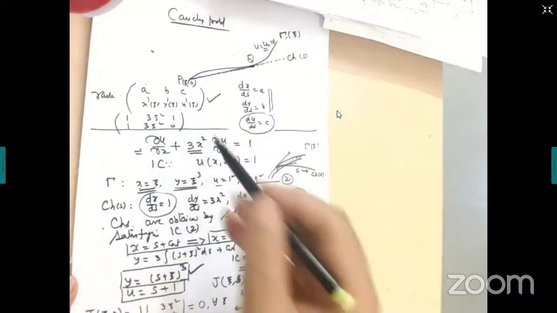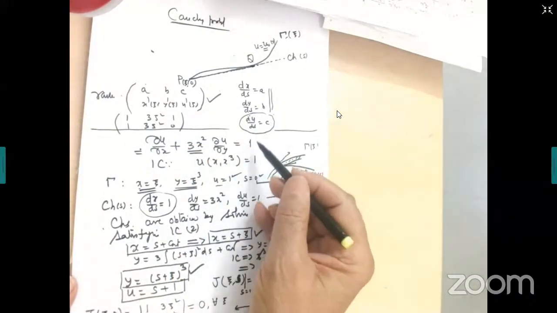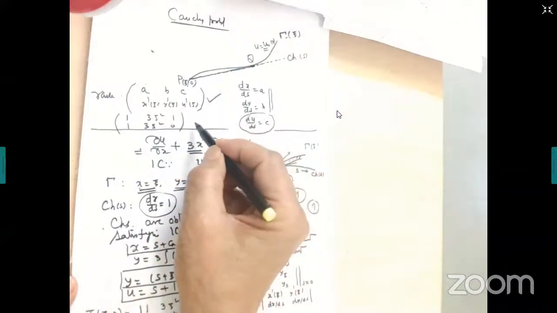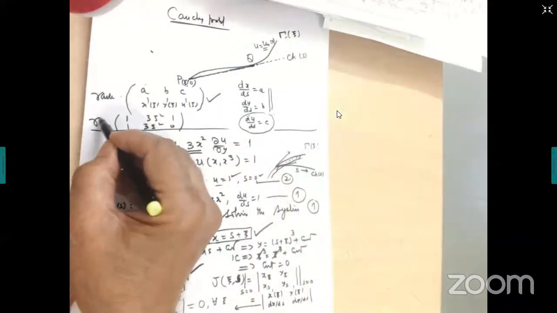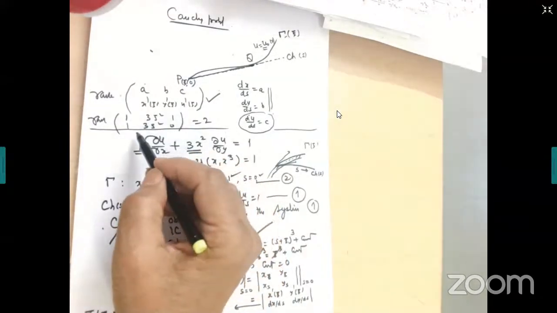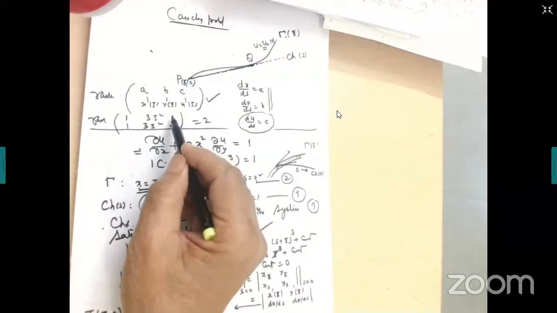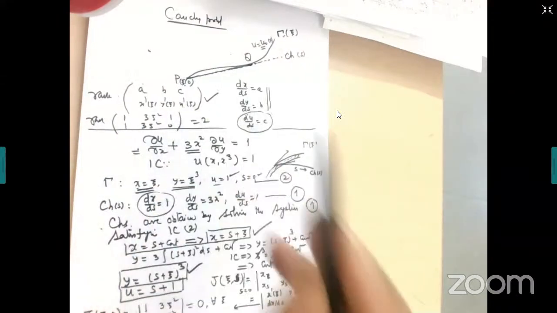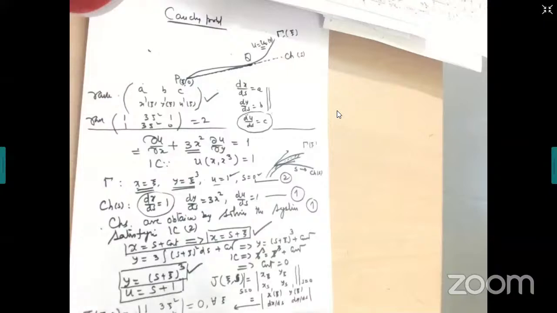Just by looking at these, I can write that it is of rank 2. Rank 2 means there exists a non-vanishing minor of order 2 by 2, so 1, 1, 0, you can see here. Okay, very nice. So no solution.